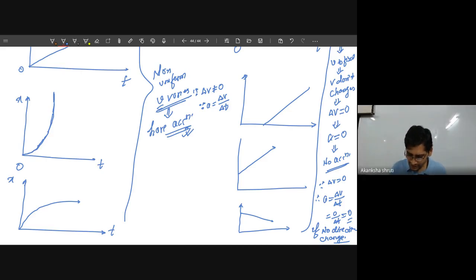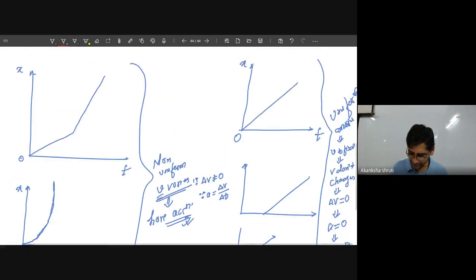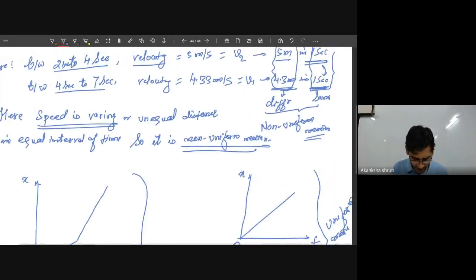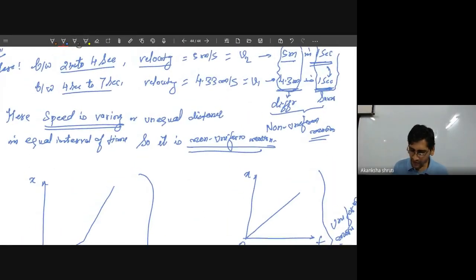Okay. So students, what have we learned today? We have learned from the position-time or distance-time or displacement-time graph how to calculate the velocity, or if it is a straight line, that becomes the speed also. What could be the various types of uniform or non-uniform motion for the graph that we can predict?